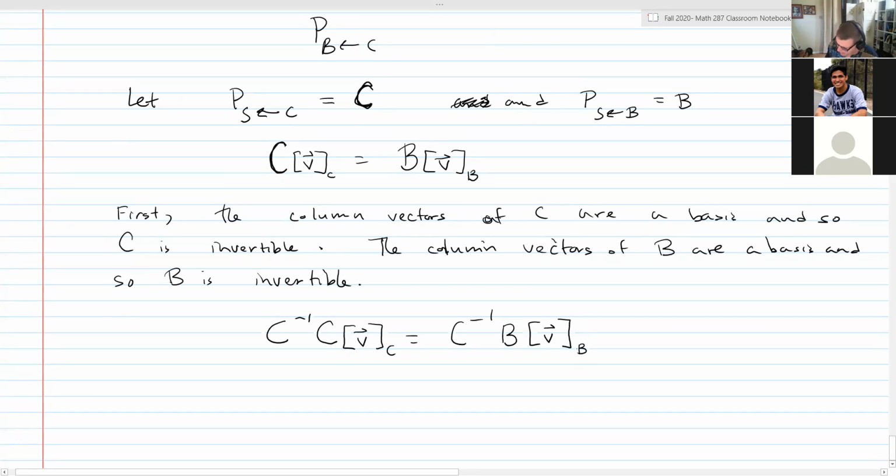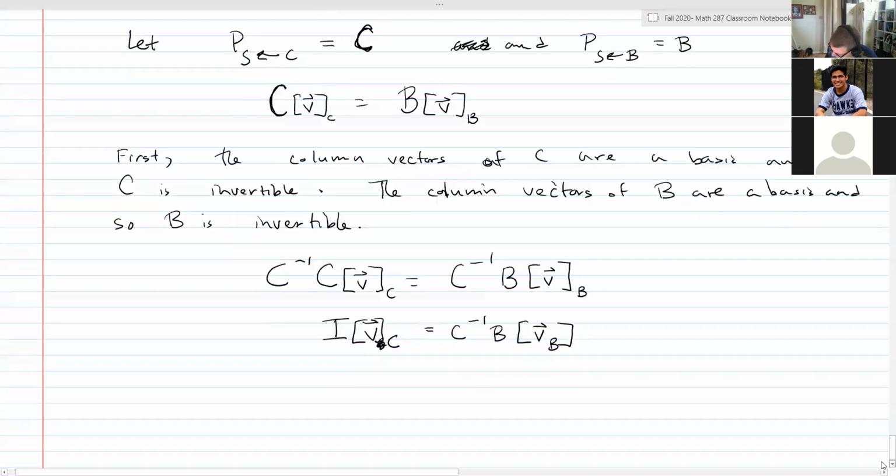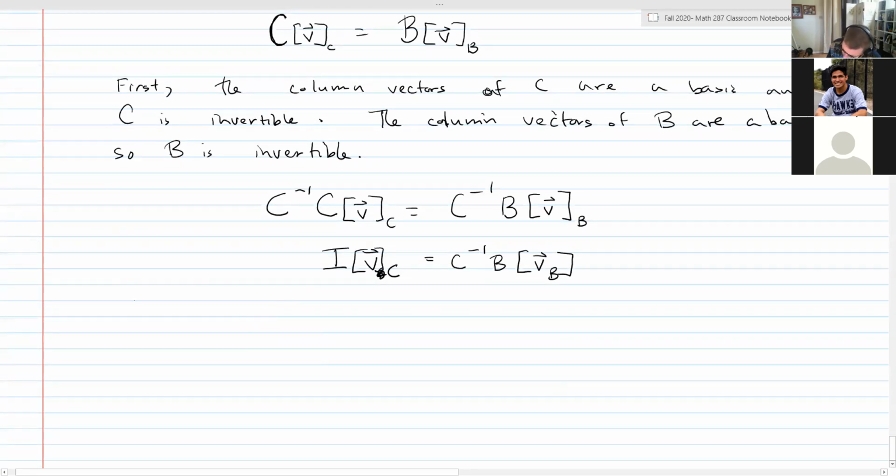And so C inverse B, VB is going to equal I times VC. Then let's take C, VC, and we'll let that equal B, VB.